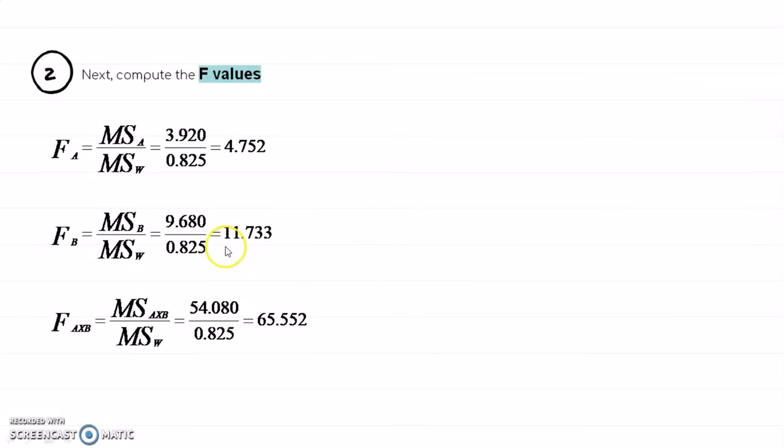Okay, so the answer is 11.733. The last one is FA times B. Formulanya adalah mean square A times B divided by mean square W. So, the value for mean square A times B adalah 54.080 divided by mean square W 0.825.